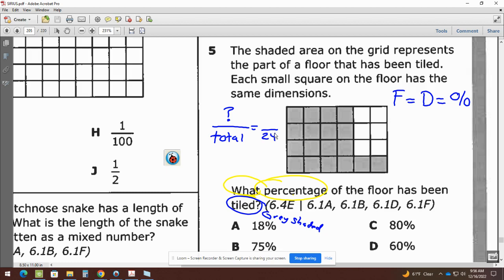Are they asking me about the not shaded or the shaded? Shaded, the tile. So guess what? That's why I put a question mark. Whatever they're asking me goes on the top. So they want that shaded. So it's going to be 1, 2, 3, 4, 5, 6, 7, 8, 9, 10, 11, 12, 13, 14, 15, 16, 17, 18. There, I've done my first part, 18 out of 24.